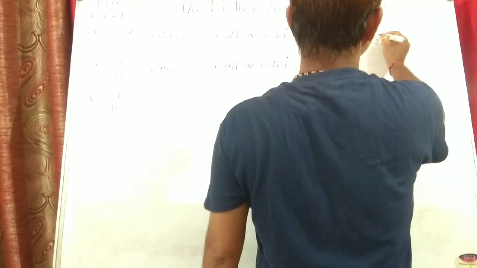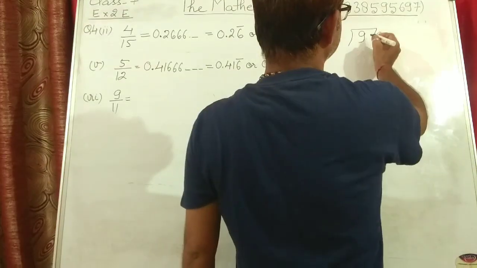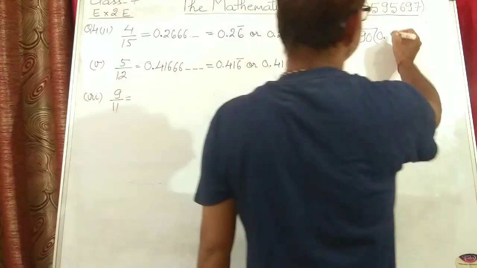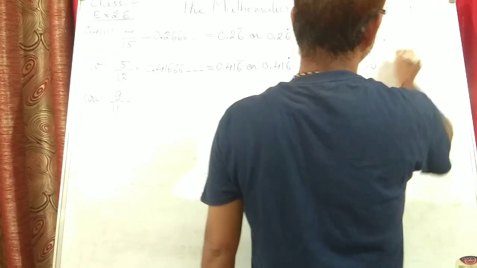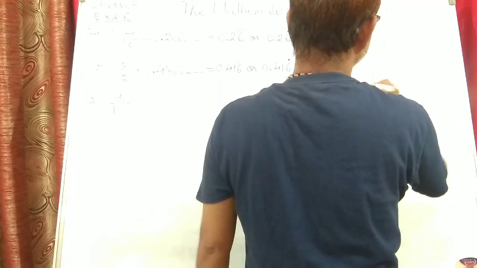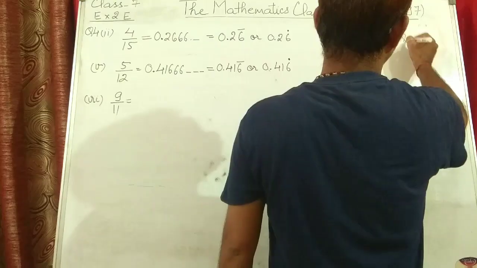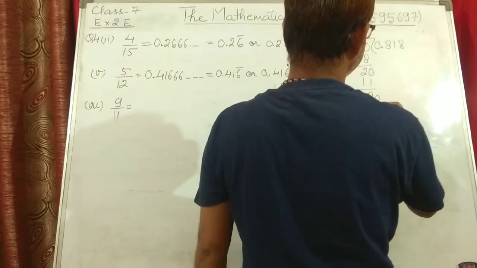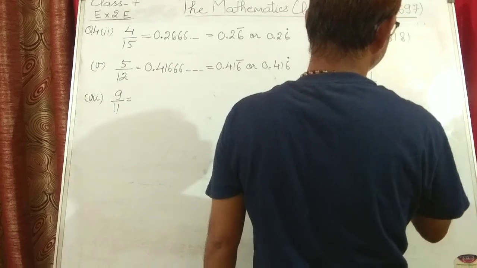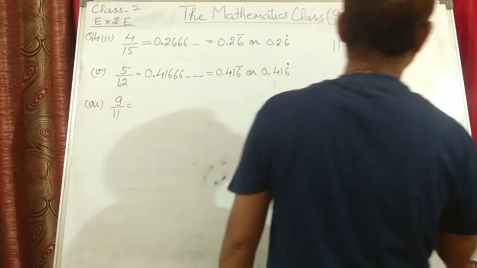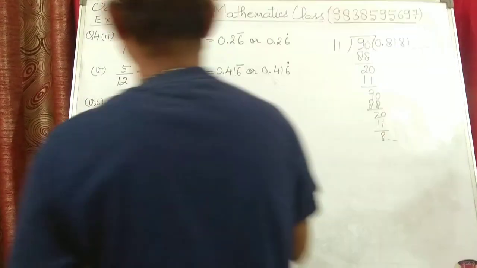So put a 0 and a decimal and put a 0 over here. So 11 8s are 88. 2 left, 0, 20, 11 1s are 11, 9, again a 0, again 8, so 88, again 2 is left, 0, 1, again 11 and so on.